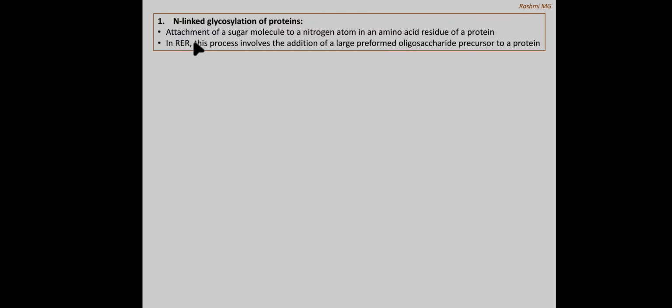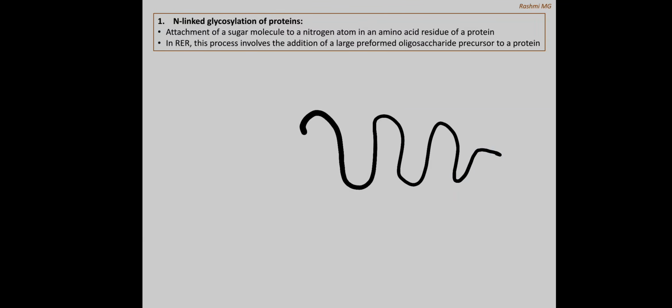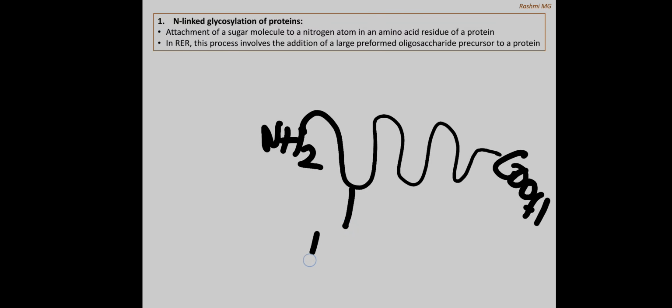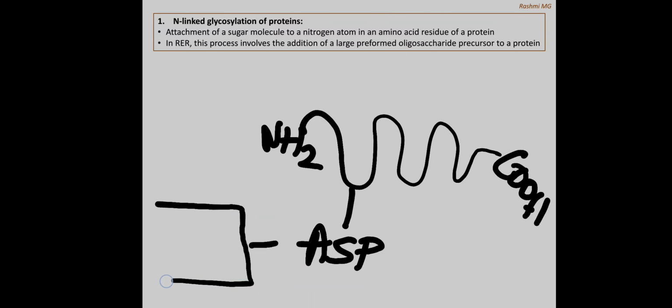Glycosylation of protein is nothing but the attachment of a sugar molecule to a nitrogen atom in an amino acid residue of a protein. Consider an amino acid like this, which has COOH on one side and NH2 on the other side, and it has an asparagine side chain, asparagine, Asn, right? To the asparagine side chain, the oligosaccharide is attached.